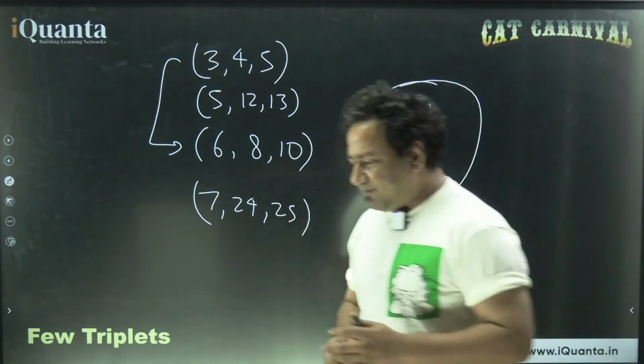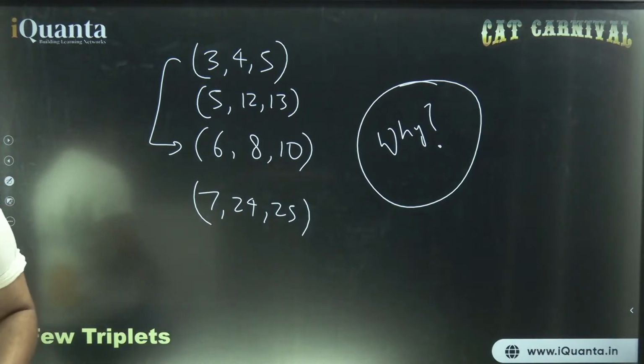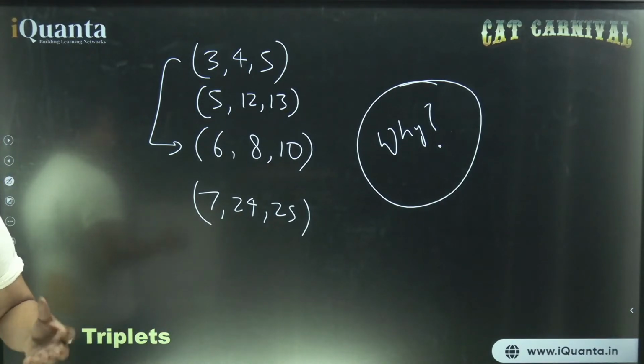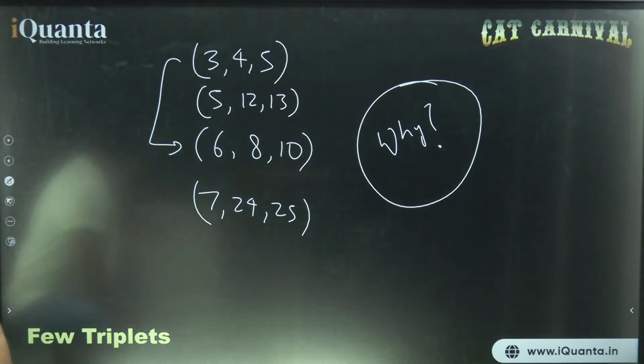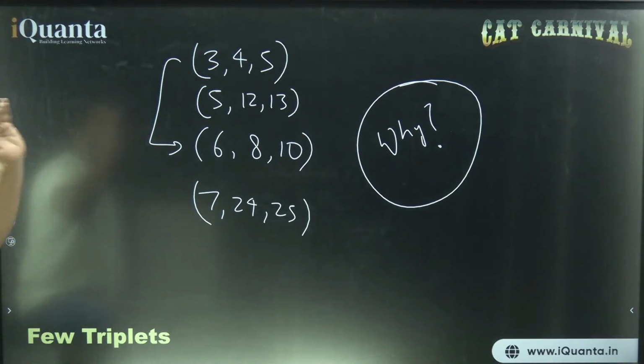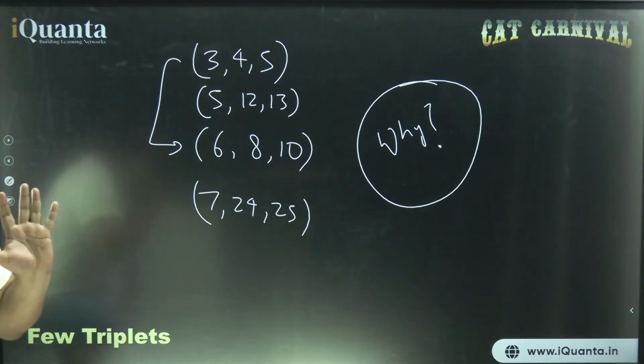Once it happened with me in CAT: one question was very difficult, but because it was a right angle triangle following the triplet, I had only 1 minute left, and the question would have taken me 3 minutes. Because I knew the triplets, I put it there, tried to satisfy it, and it was correct and I got the marks. So this is going to help you speed up your geometric calculations. Is that clear?